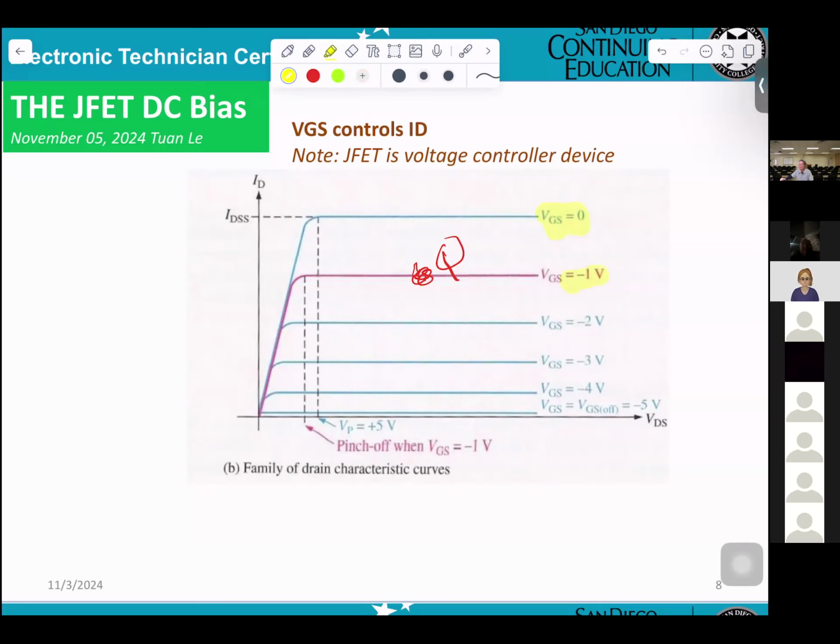Right, it's -1 volt. At this point, if you want IDSS, you go from here to here. If you want to know VDS, from this point you go down. So basically you can change the Q point anywhere in here, and you can get the values of ID and VDS.